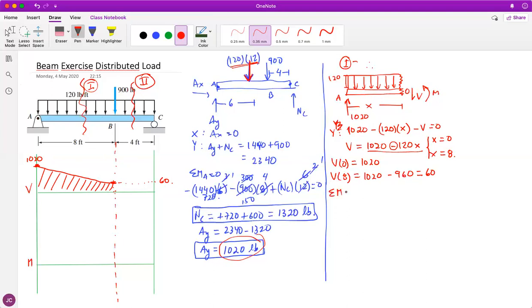So M, regarding O, what are you doing right now? Well, what I'm trying to do right now is to get the bending moment. So I will put the bending moment as positive, then the 1020 times x, and this thing should be a minus, times this distributed load going down.